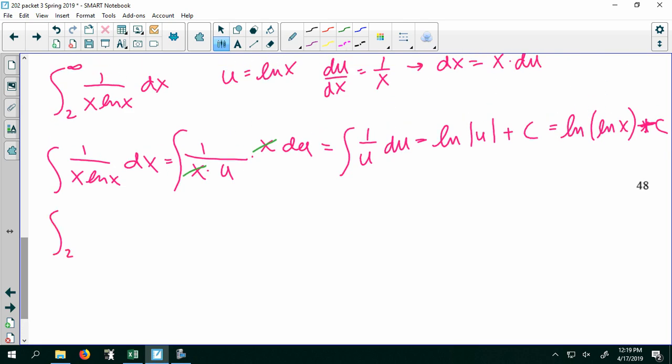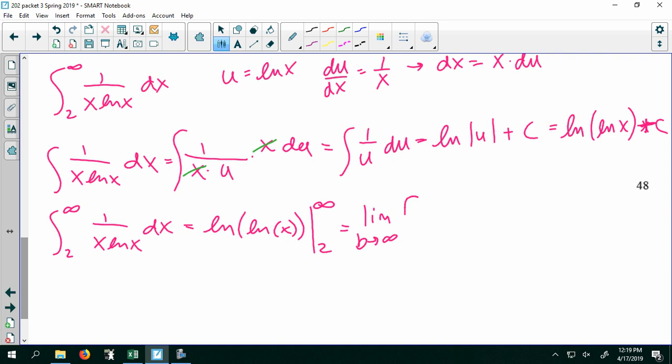All right, so now I can plug in my bounds now that I have an antiderivative. So the integral from 2 to infinity of 1 over x ln x dx is the antiderivative evaluated from 2 to infinity. So this is the ln of x evaluated from 2 to infinity. That means the limit as b goes to infinity of the ln of x from 2 to b. So first I plug in b, then I plug in 2, then I take the limit.